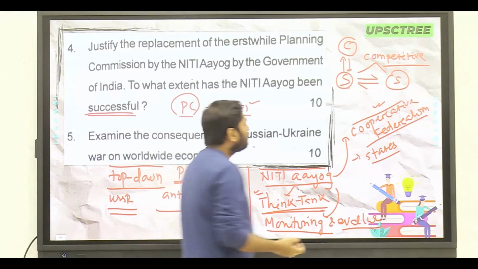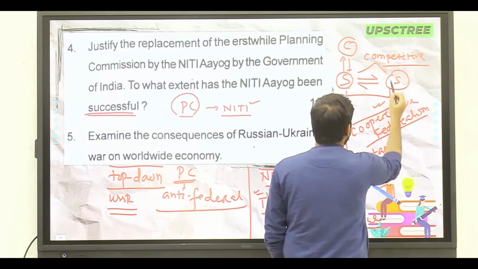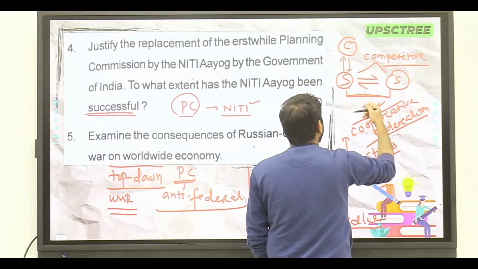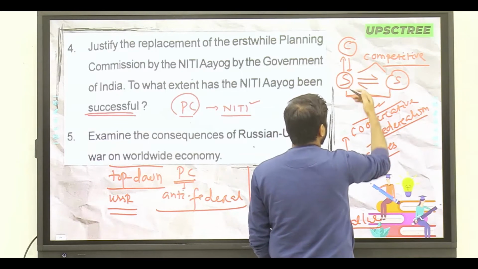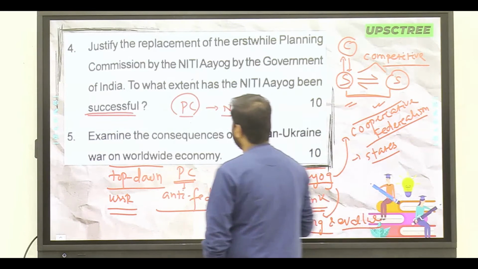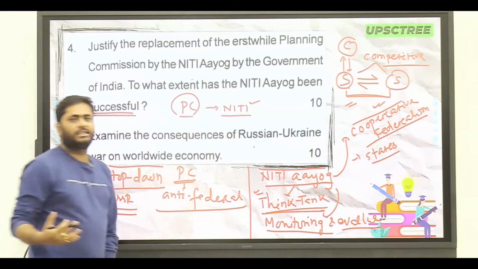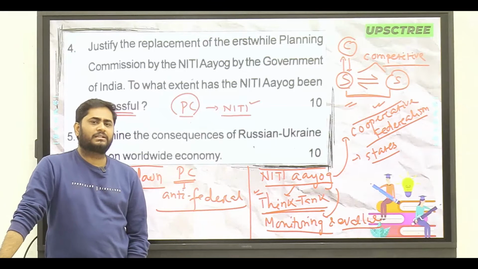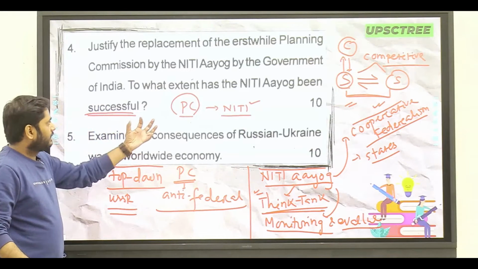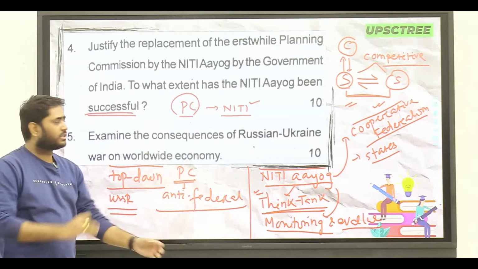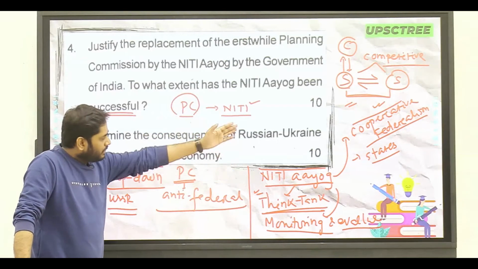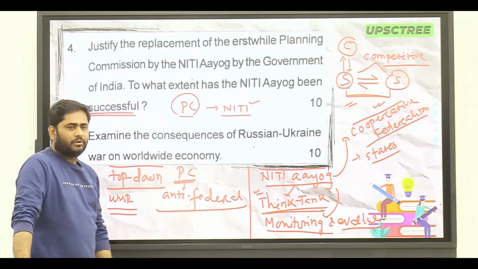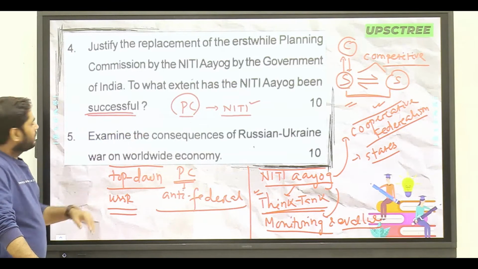So it is promoting the spirit of competitive federalism in the horizontal manner and cooperative federalism in the vertical manner. That aspect you can talk over here. Because of competition, there will be innovation and excellence. So yes, how Niti Aayog has been successful, that aspect you have to establish showing all these aspects. Also mention which reports Niti Aayog publishes and all that. Doable, 10 marks, easy.